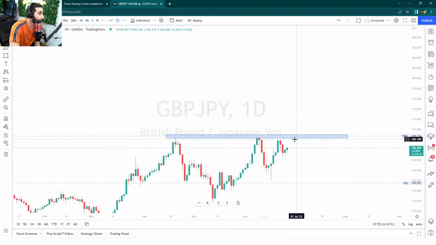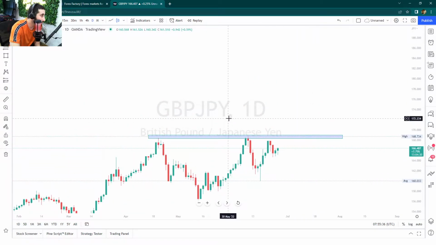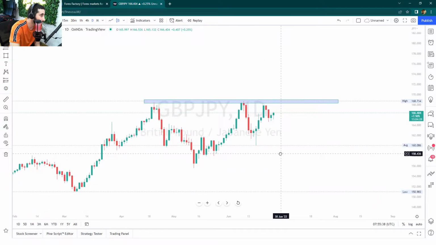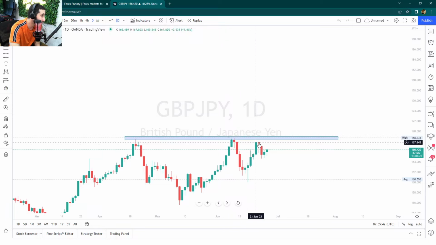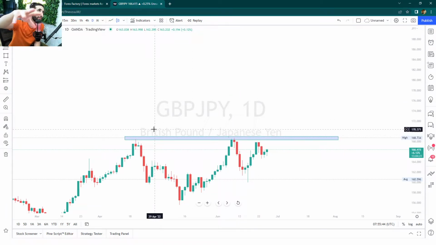Right. So now we can see that the market is consolidating and is just trying to see where it's heading next on the daily, because on the monthly, the biggest time frame, usually any support or resistance level we call a major support or resistance level, because they are way more respected.